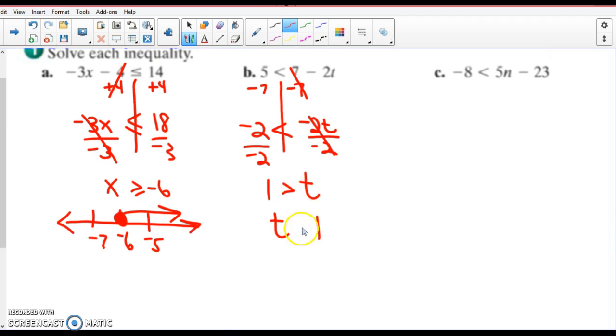Look, pointy side is towards the t. So now I make the pointy side towards the t. All right, so we end up with t is less than 1. And when I graph that, 0, 1, 2, what kind of circle am I going to have on 1? Open circle, and I'm going to shade to the left. T is less than 1. Less than is to the left. All right.